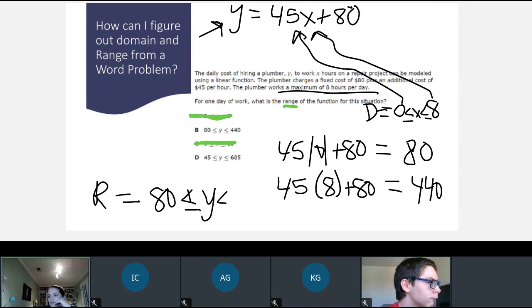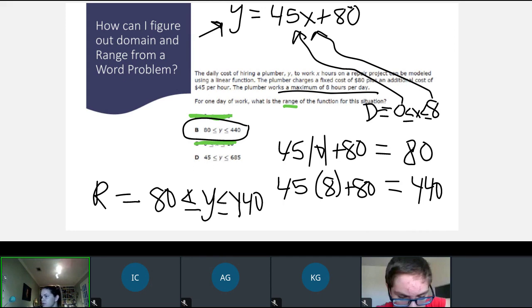So my range for the cost of a plumber, I'm going to be paying him somewhere between $80 and $440. So I'm going to pay him at least $80 if he drives out to my house. And I'm going to pay him at most $440 because he's only going to work for 8 hours. He will not work more than 8 hours. Okay, so B is our answer.